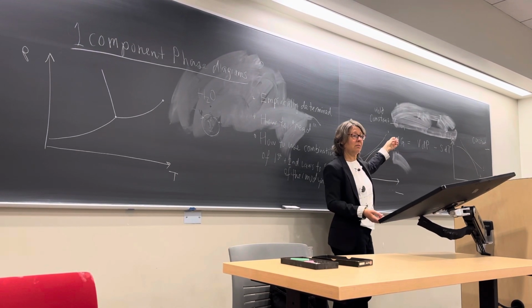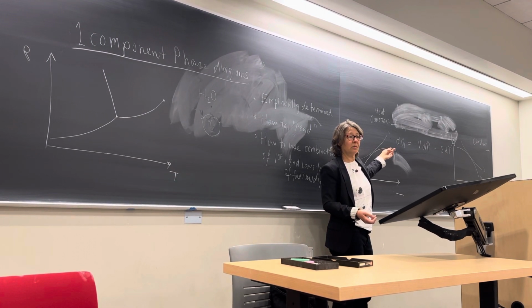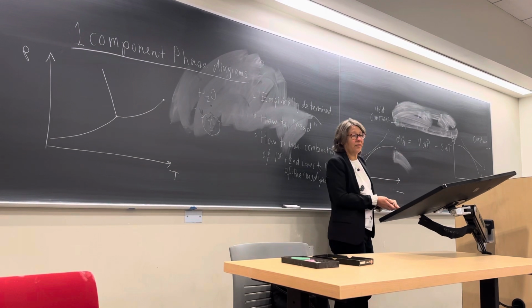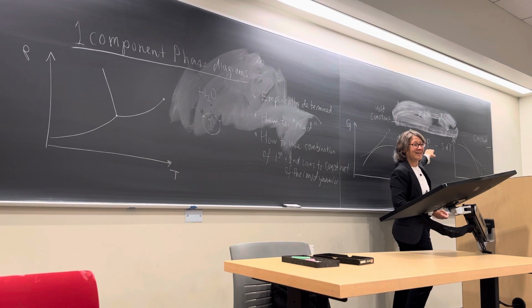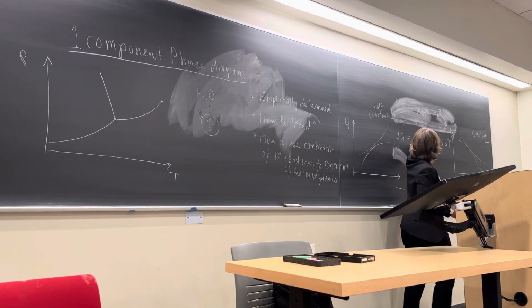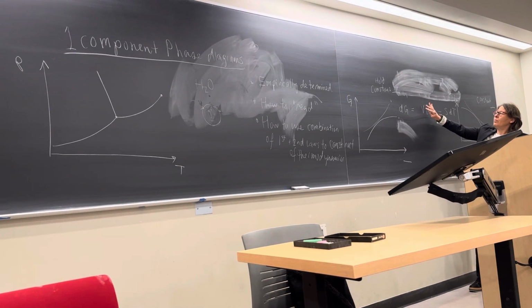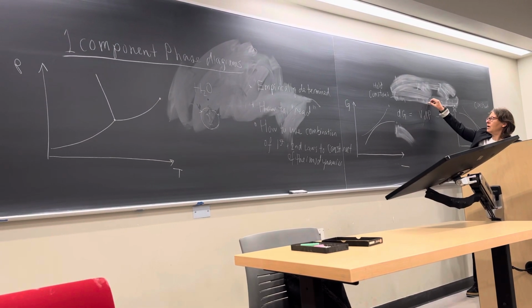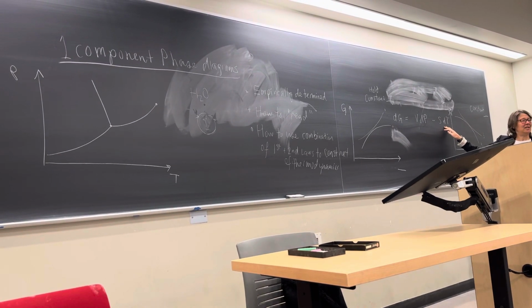Okay, anyone have another idea? Pressure? Let's try to hold pressure constant, just for fun. Okay, so if we hold pressure constant, what's the change in pressure? 0, good, okay, so we can get rid of this. If we hold pressure constant, the change in pressure is 0, this goes away, and we have dG is equal to minus S dT.